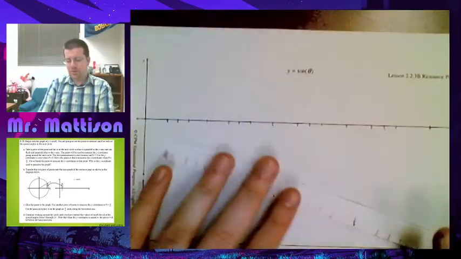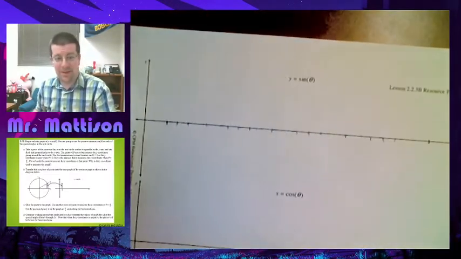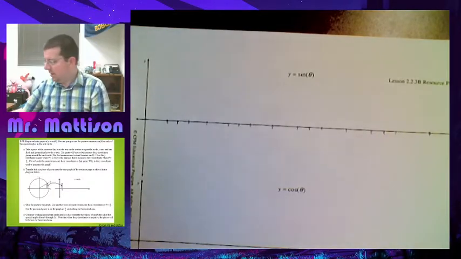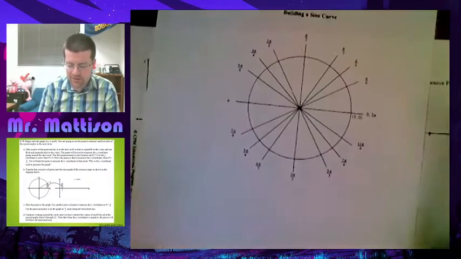Okay. So that's by no means perfectly measured out, but those are the angles on my circle going around.